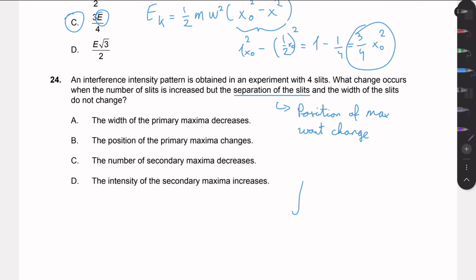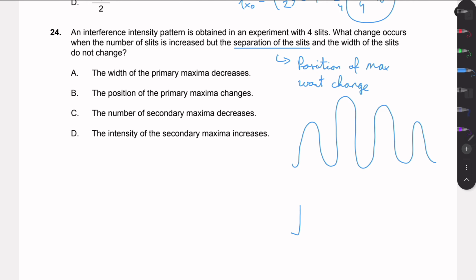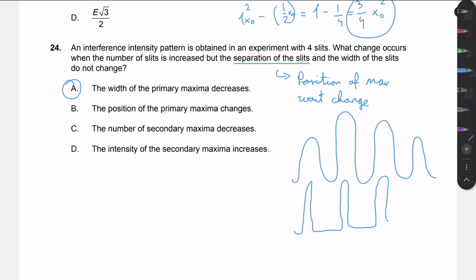So if before we had something like this, then if we increase it by a lot, so if we make a lot more slits, these will become a lot sharper, something like this. So the width of the primary maxima is going to decrease, as it went from this distance to something smaller.